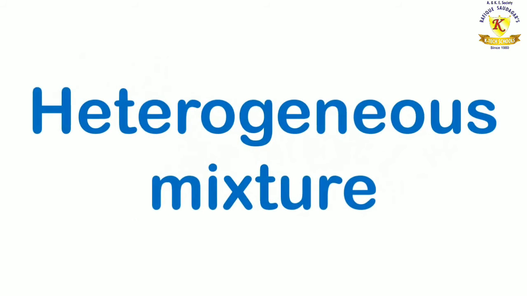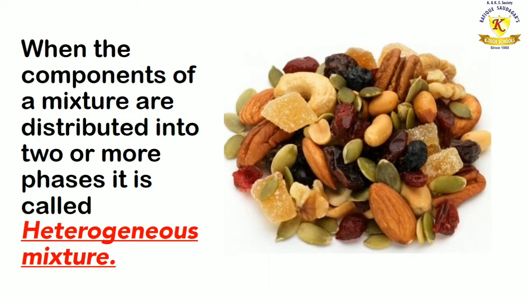Heterogeneous mixture. Let's see what it is. When the components of a mixture are distributed into two or more phases, it is called a heterogeneous mixture. For example, I have combined together many dry fruits. So this does not include a single phase.